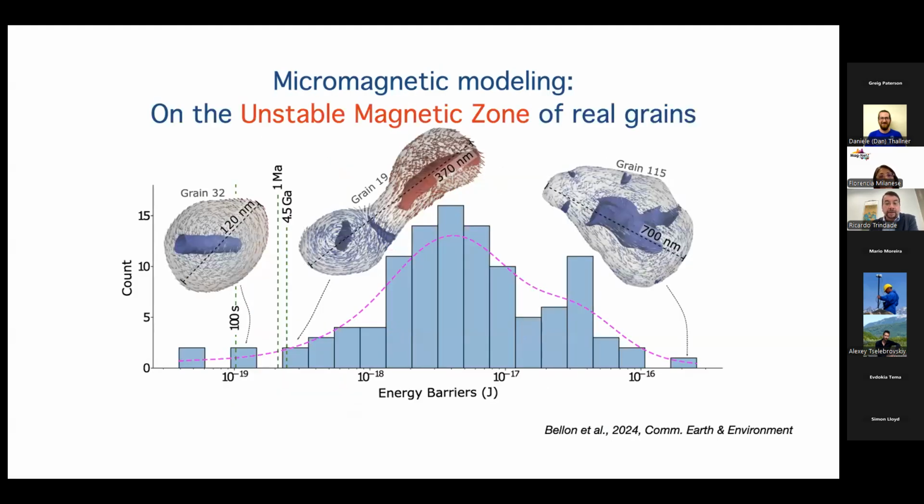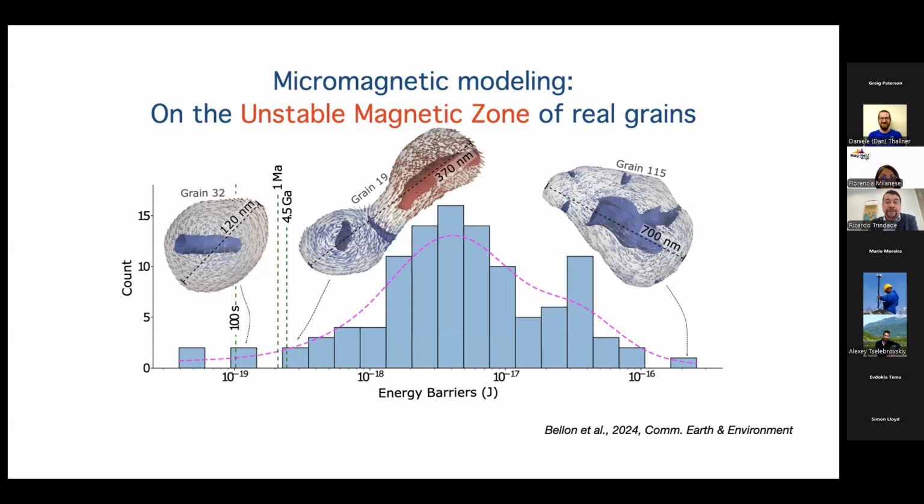Then we were also interested in knowing about the unstable magnetic zone of real grains. In a seminal paper by Nagy in 2017, together with the group of Professor Wayne Williams, he showed that there is a narrow band of granulometry, or grain size, in which the grains are typically unstable.